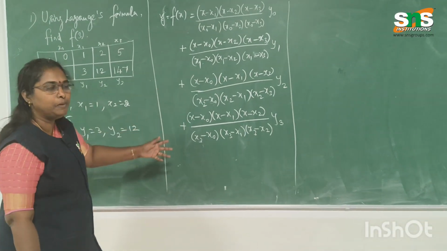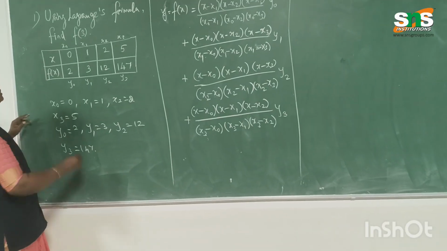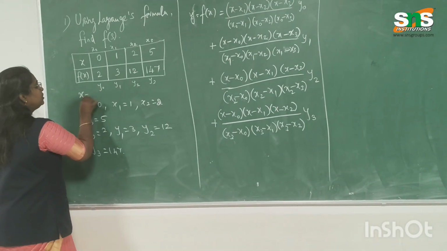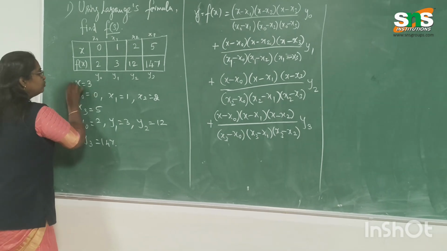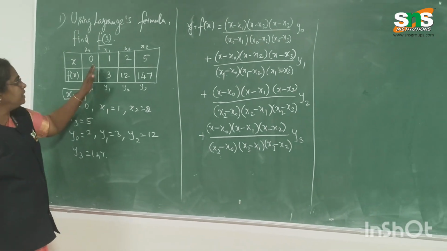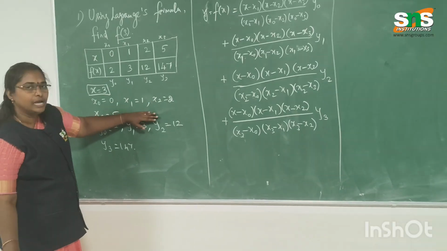Now we are going to replace all those values. The question is f of 3, so x is 3 and we replace it. The remaining values we can take from our table.